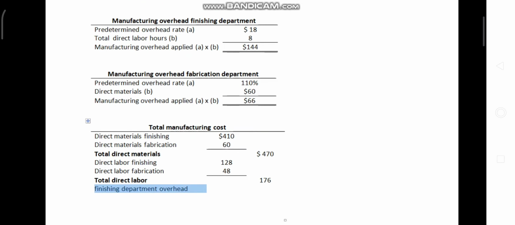Now we're going to list the manufacturing overhead for finishing department, that is $144, and for fabrication department is $66. We add these two, we get the total manufacturing overhead, that's $210. Now we'll calculate the total manufacturing cost by adding all these three values, and we get $856 as a total manufacturing cost. Now we are done with our requirement 1.